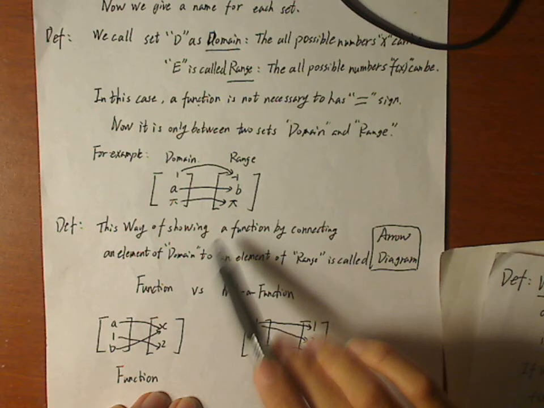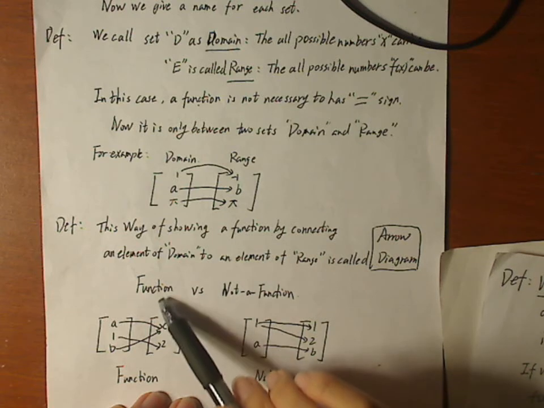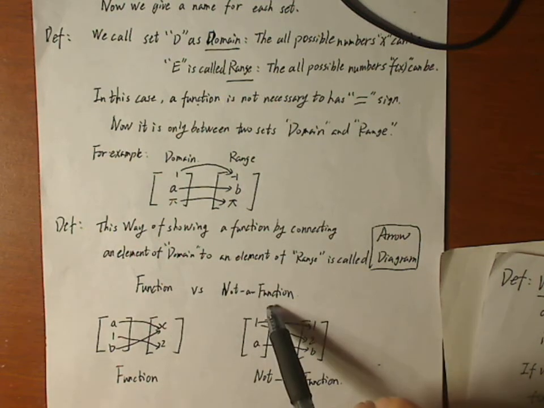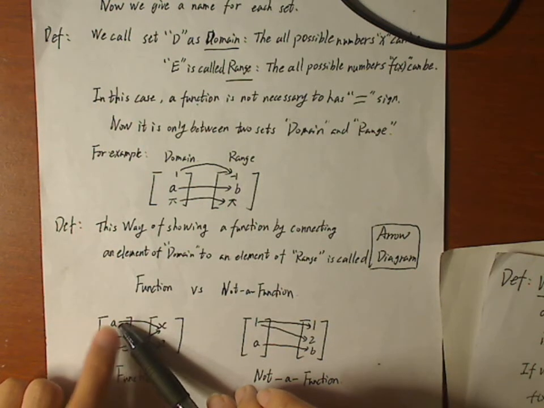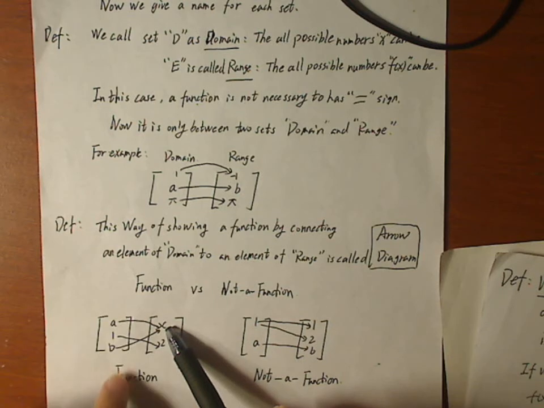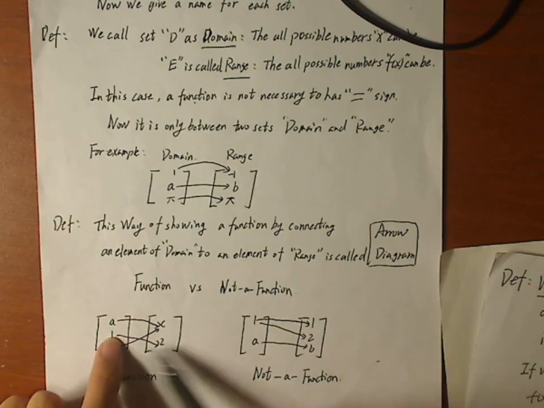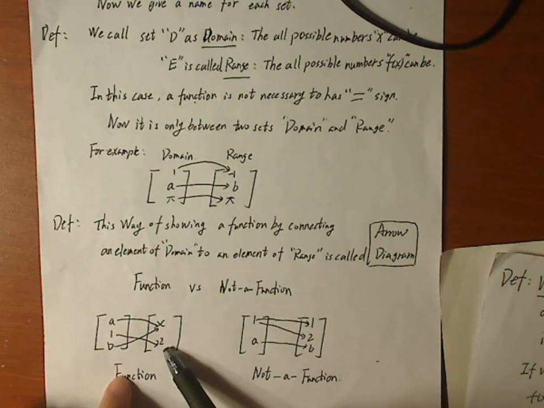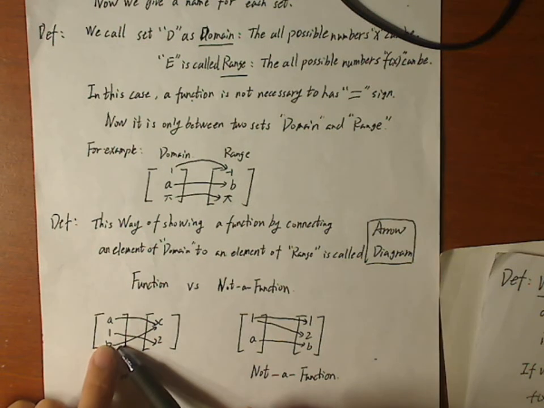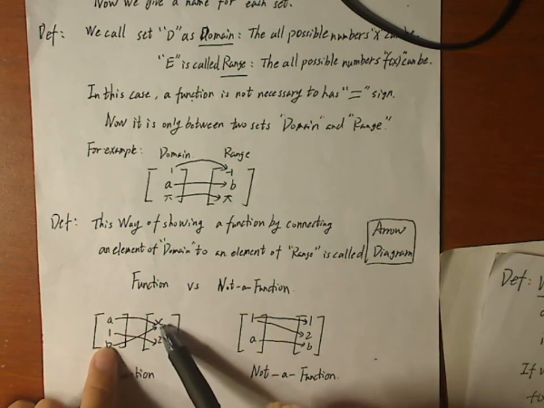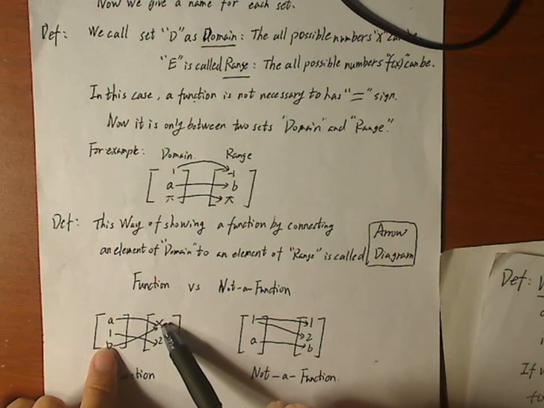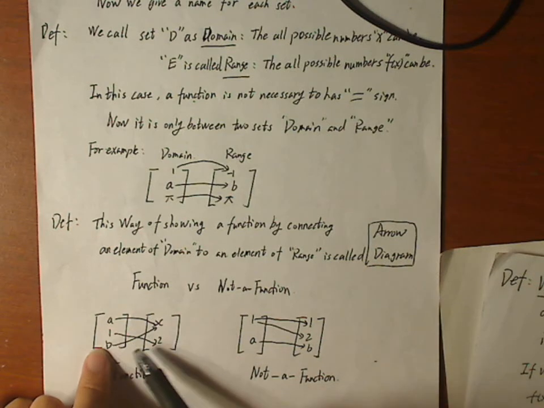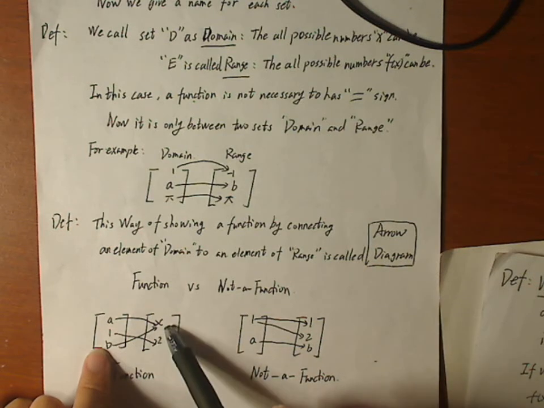Let me tell you which is a function and which is not. For a, I put a in here and get c. For 1, I get 2. For b, I get c as well.